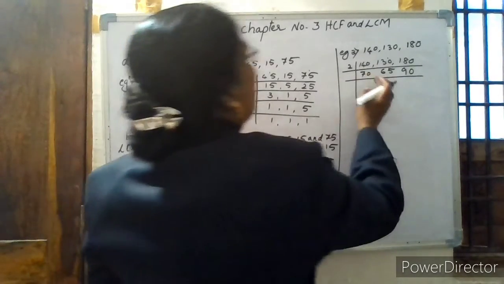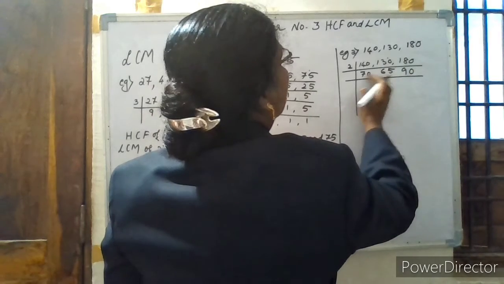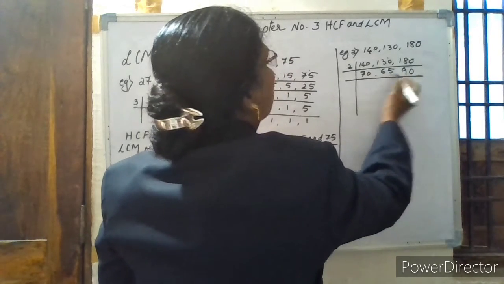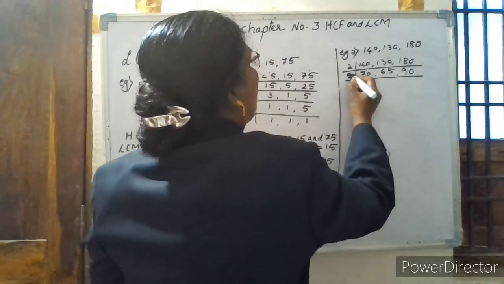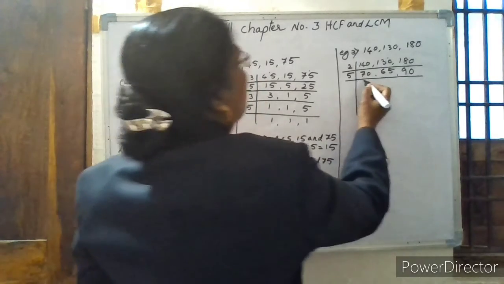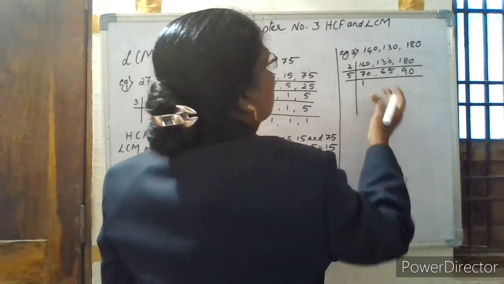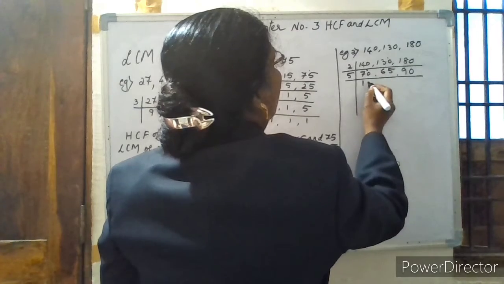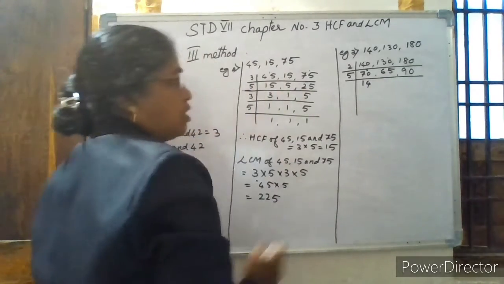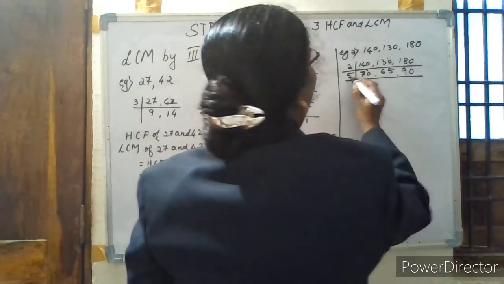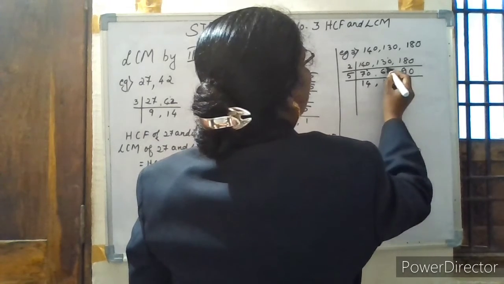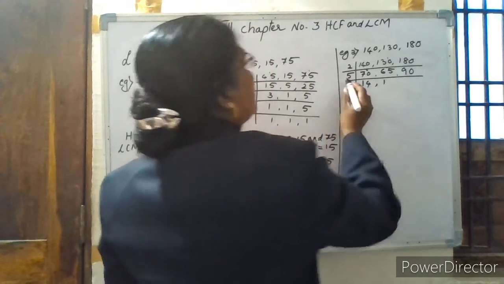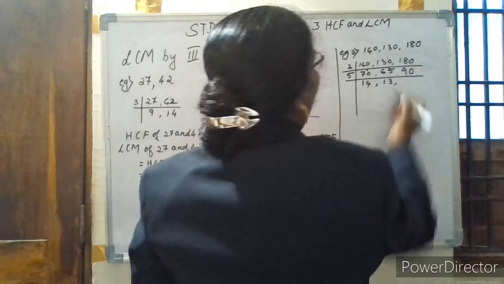But here all these three numbers are divisible by the prime number 5. So 5 1s are 5, 6, 7, 2 is extra here, 5 4s are 20. Now 65. 5 1s are 5, 1 is extra, keep here, it is 15. So 5 3s are 15.